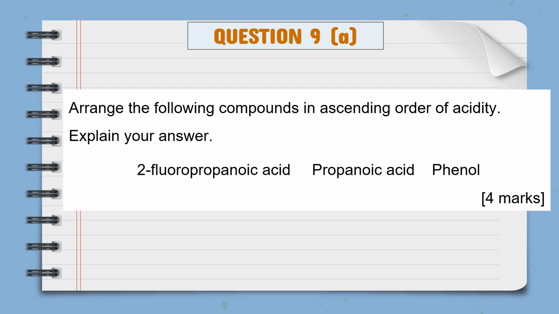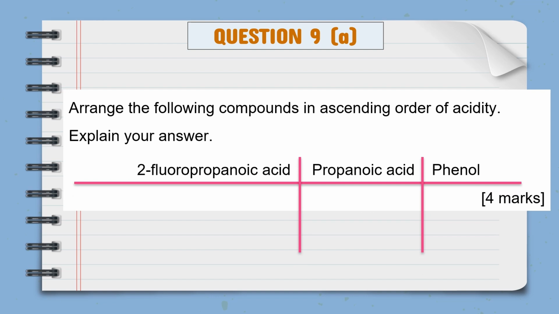Let's check the character of each compound first. 2-fluoropropanoic acid is a carboxylic acid with an electron withdrawing group, which is fluorine, while propanoic acid is a carboxylic acid without an EWG. And lastly, phenol is an aromatic alcohol.